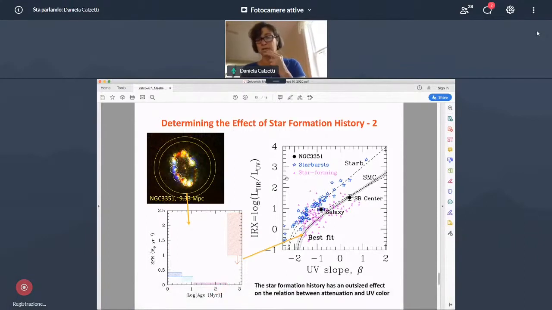And so by using a very simple tool, like a measurement of a spectral slope, you can recover the intrinsic flux of a galaxy in the UV and the infrared, and therefore recover its star formation rate.